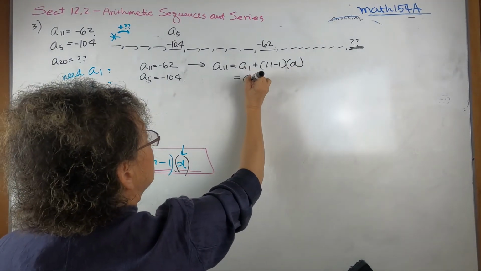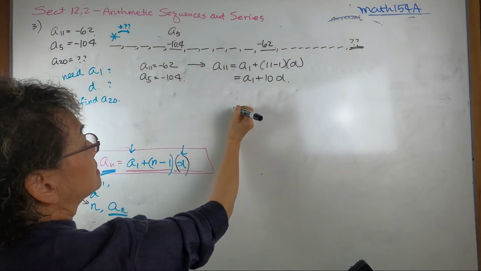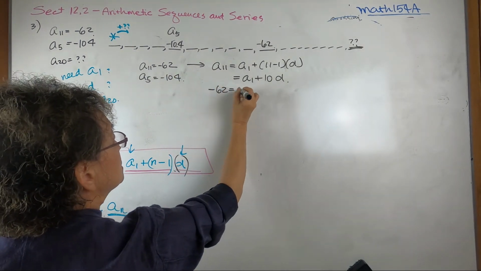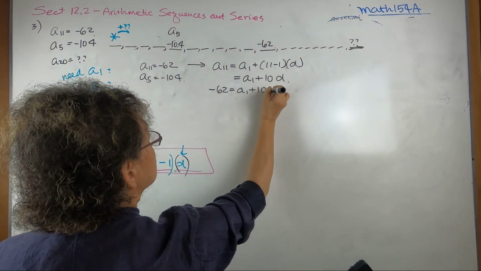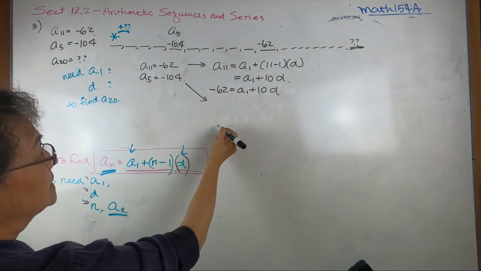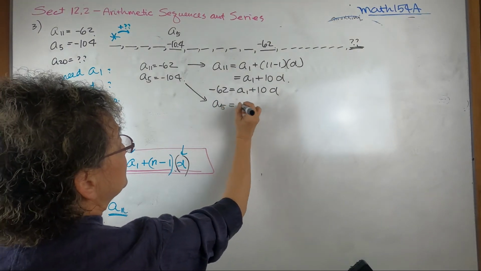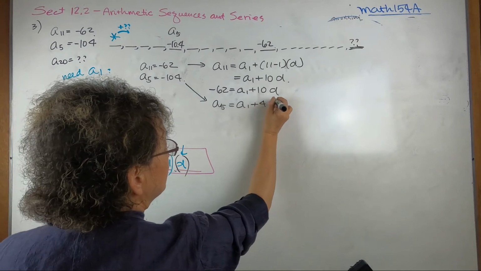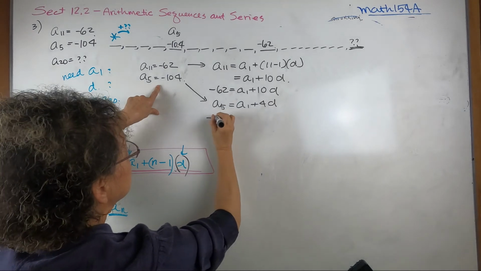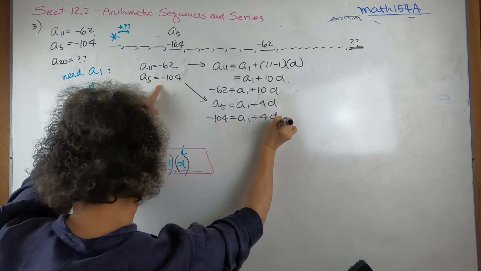That means A11 is A1 plus 10D. Then negative 62 equals A1 plus 10D. That's what it's saying. Then for the second one, A5 is A1 plus 4D, right? 4 distances away. It means A5, negative 104, is A1 plus 4D.